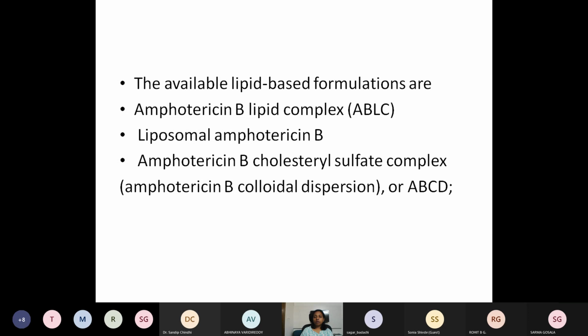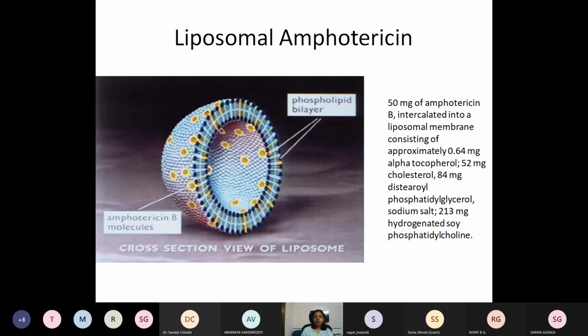So what we have available today is liposomal amphotericin B, amphotericin B lipid complex, and amphotericin B cholesterol sulfate complex, that is amphotericin B colloidal dispersion. I'll be just briefly talking about the other two. We will just focus on liposomal amphotericin B because that is what we commonly use and is commonly available. So this is how they have intercalated.